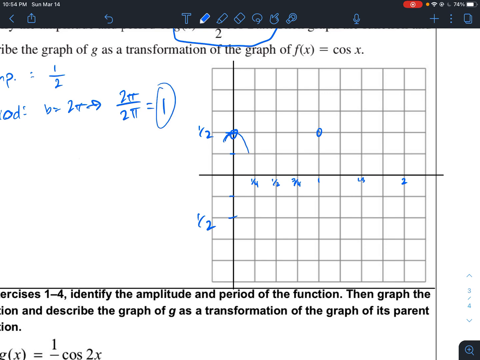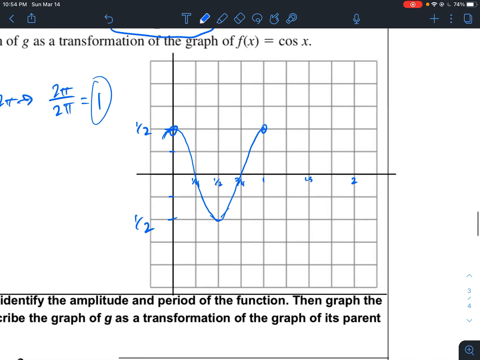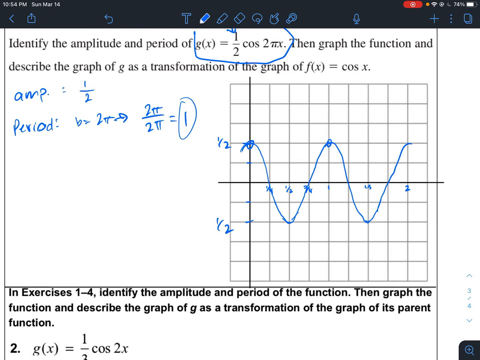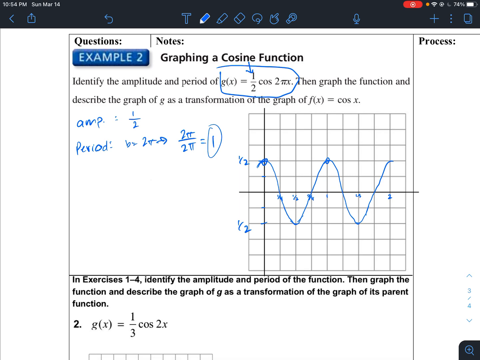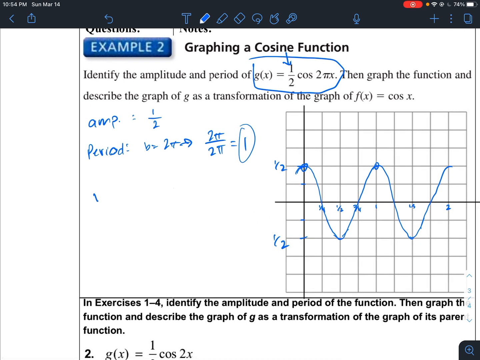So we come down here like that, come through like that, and then if we continue this pattern, come down like this, and this is what a cosine wave would look like, and it would continue that pattern. So the transformations here are a vertical stretch by 1/2 and a horizontal shrink by 1/2 pi.